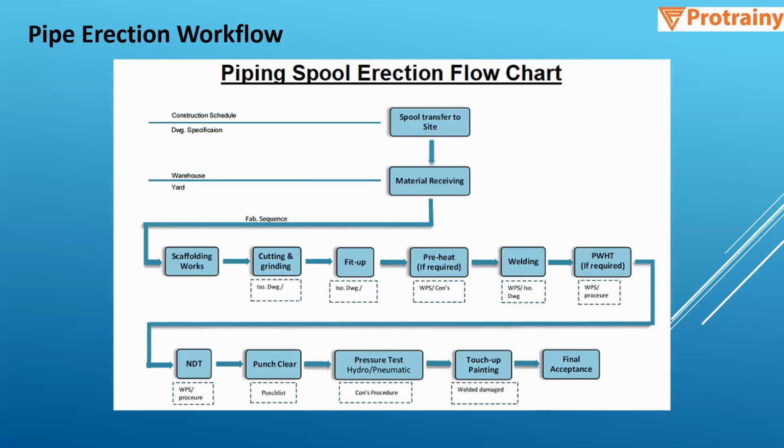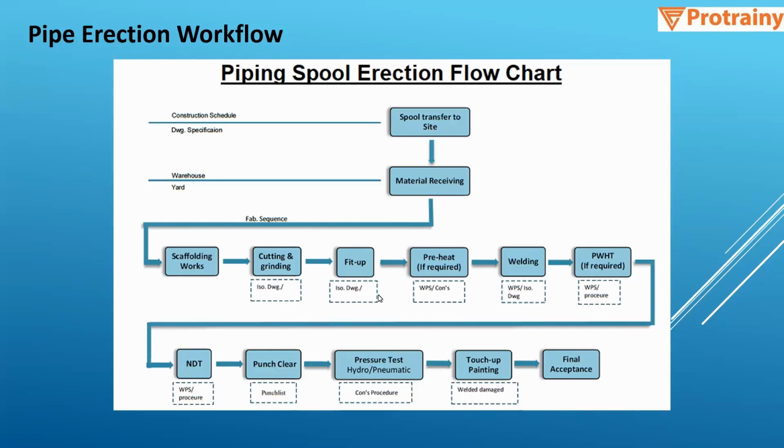So this is a typical workflow for piping erection work. So first the spools are transferred to site, or maybe in our case it is to the vendor facility, and then once the spools are received from the vendor facility to the site, we will start with the scaffolding work, and then we'll be doing the cutting and grinding work, and after that we'll be doing the fit up work.